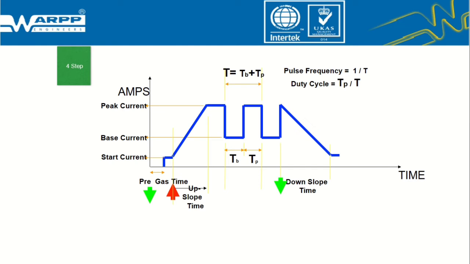The peak current comes down to the stop current value with the preset downslope time. Now release the torch trigger. Now your current comes down to 0 and you get the post flow as per the preset time.